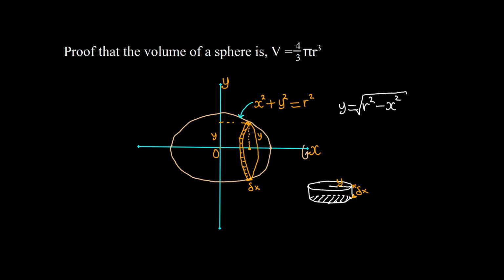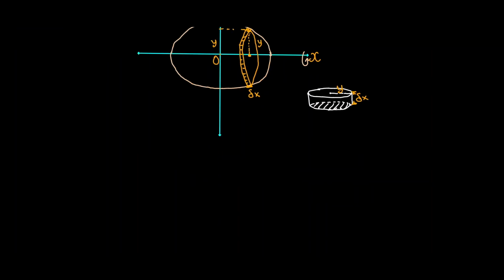And since it is a small volume, we have delta V given by, now we have one, assuming we have drawn very many of these small disks from negative r to positive r, making the total volume of this sphere. Then for one, that is the same as the volume of this small cylinder.